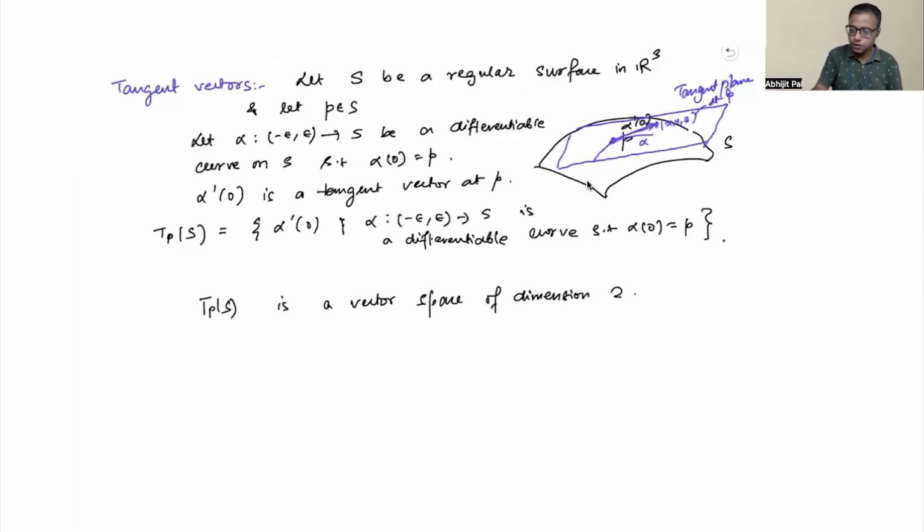Now we'll be interested to find the tangent plane at the point P. So let us take a regular surface in this way.